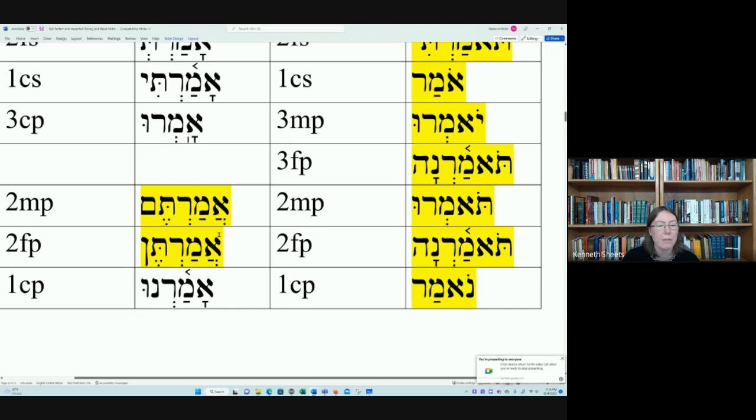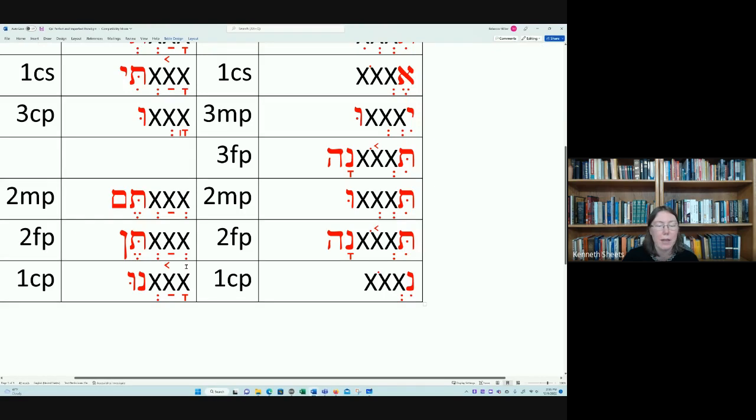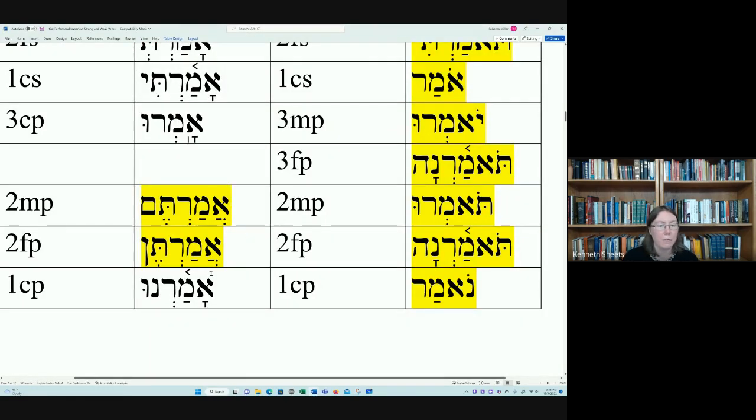Then for the second feminine plural, once again, you have amarten, which again, notice, coming on back here, the second feminine plural, we had that simple vocal schwa underneath the first root letter. Well, here, the first root letter is again that guttural, which cannot take that simple vocal schwa, but it can take a composite schwa.